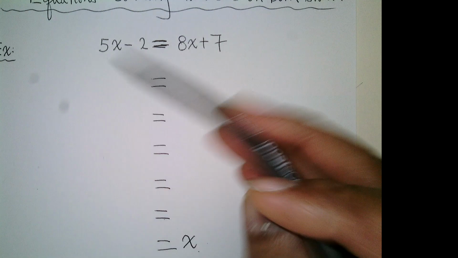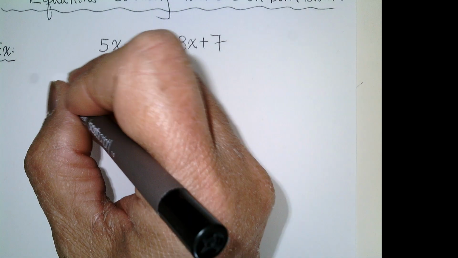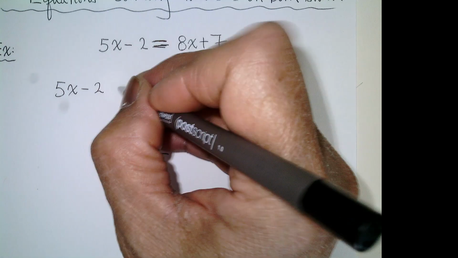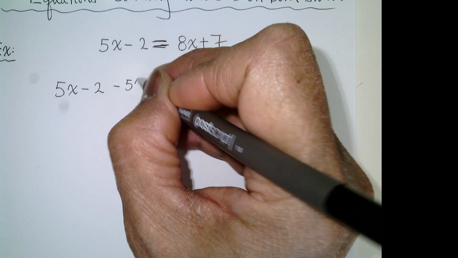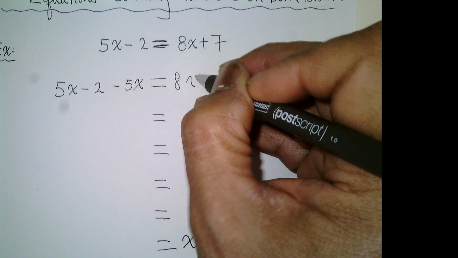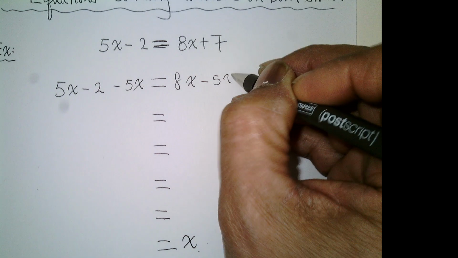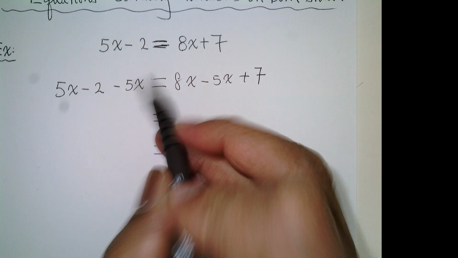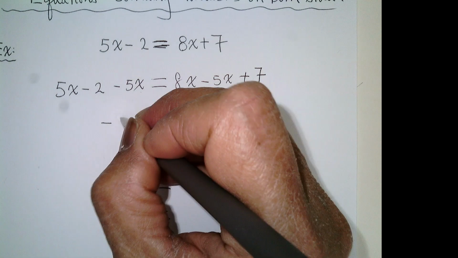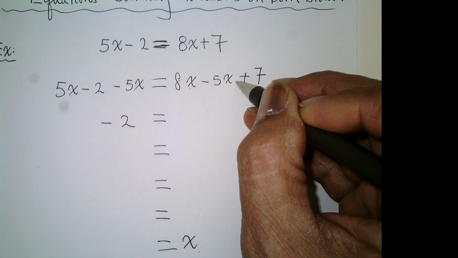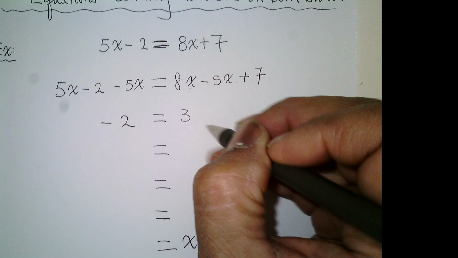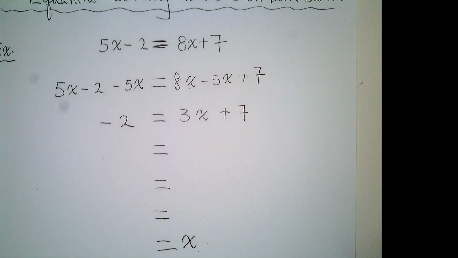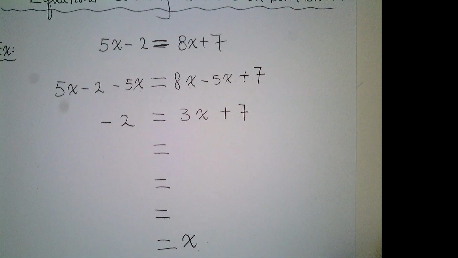With that in mind, the very first step is you want to get rid of this 5x. Both sides subtract 5x. 5x minus 5x is 0, so that just gives you negative 2. 8x minus 5x is 3x. We're almost there.